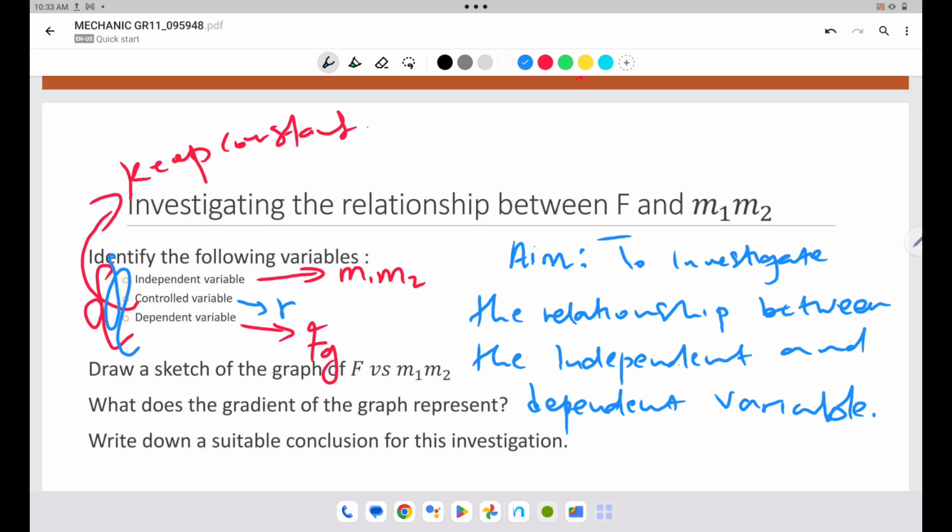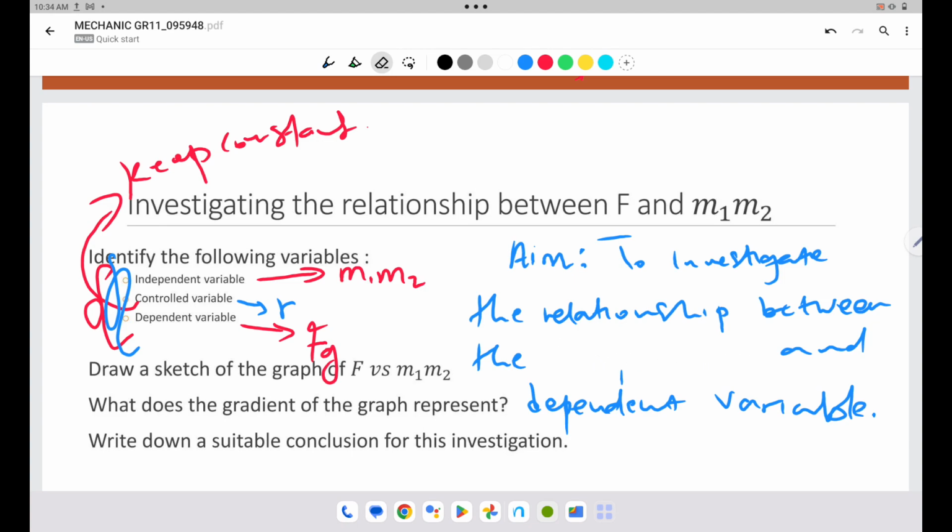So for any investigation, you need to go back there and put in the appropriate independent and the appropriate dependent. So in this investigation, we said that the independent is the product of the masses.